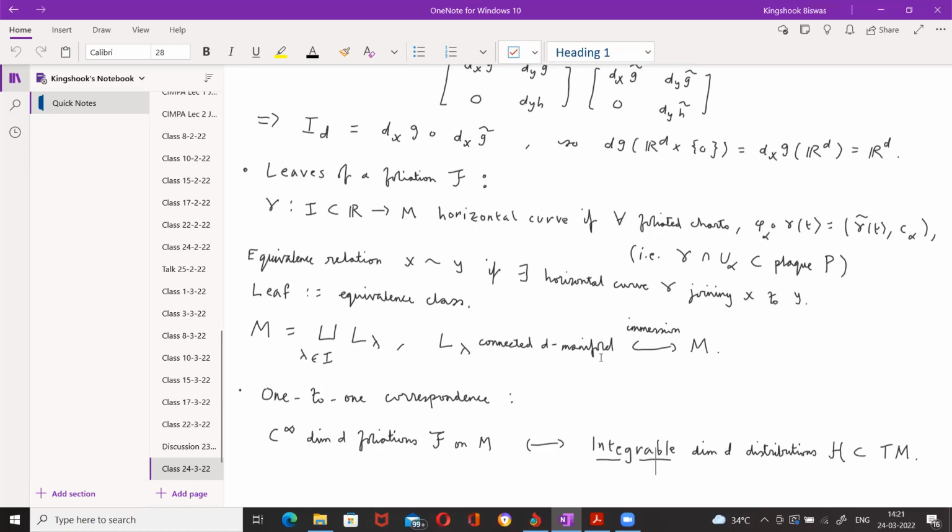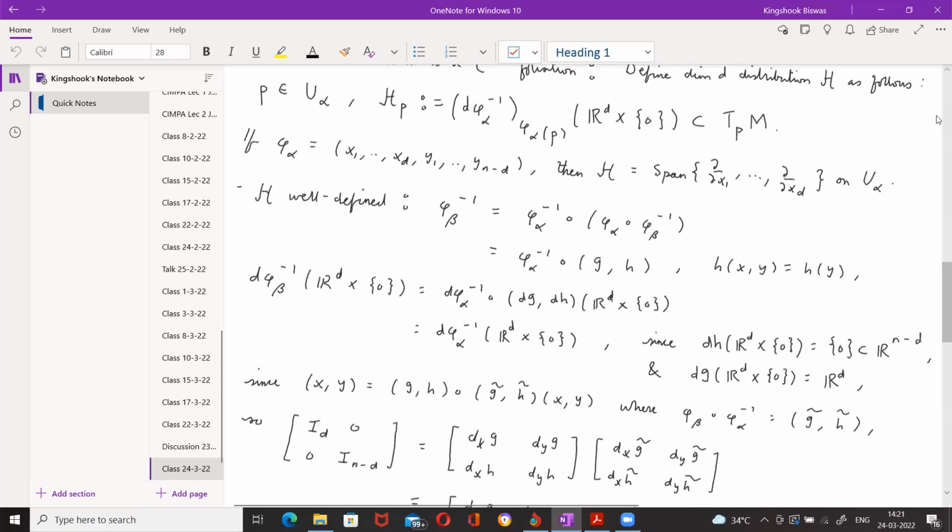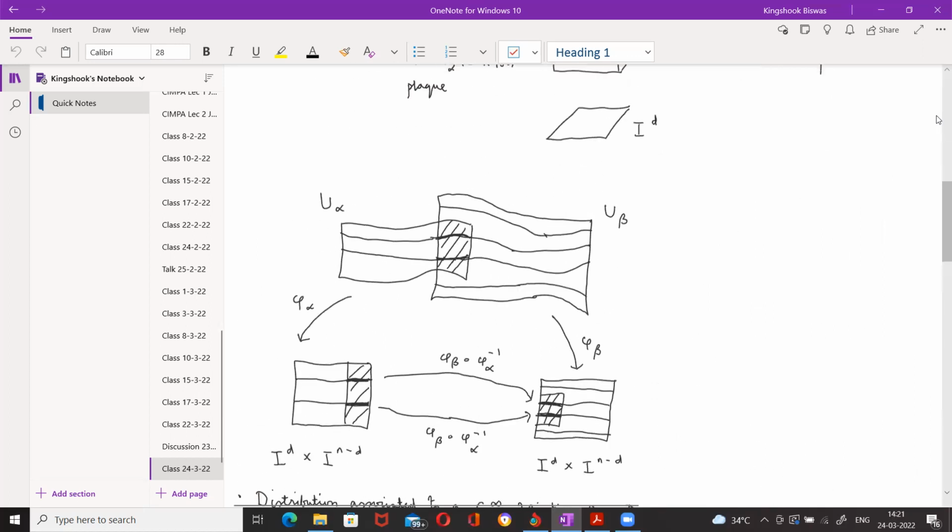Okay, so it's clear that the distribution associated to a foliation is integrable, right? Because you take any point, then there's a plaque passing through it, and the plaque is an integral submanifold of the distribution.